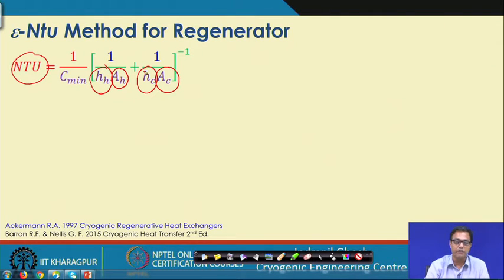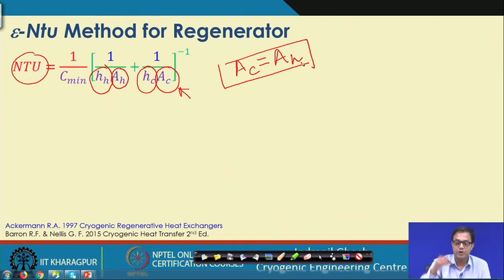Often you will find for a fixed bed regenerator that A_C and A_H are mostly equal, but this is not the case for a rotary type regenerator, which is not the subject that we are going to deal with in this class.